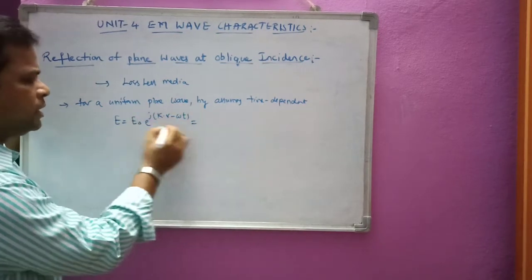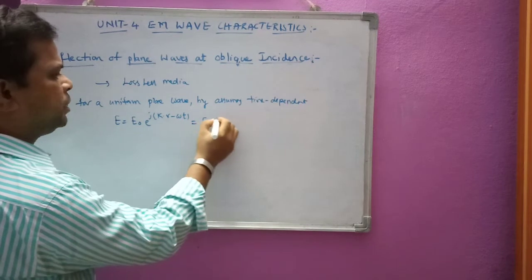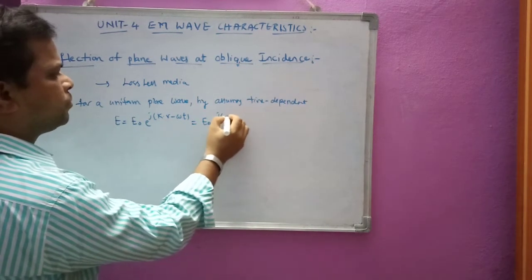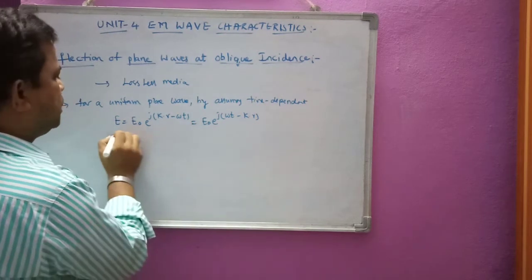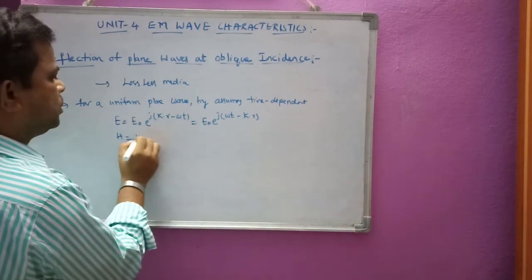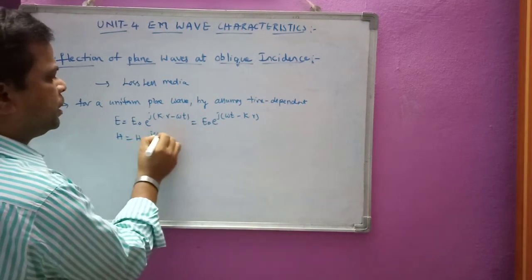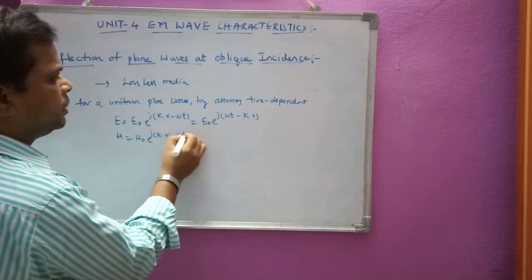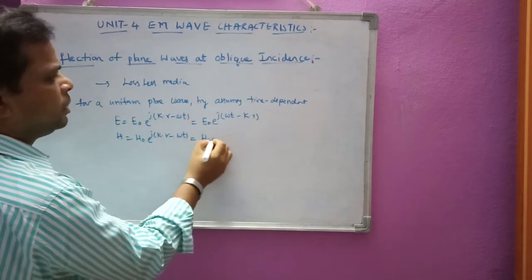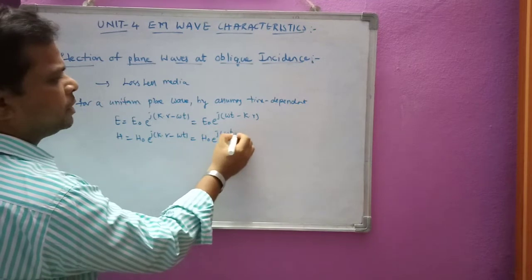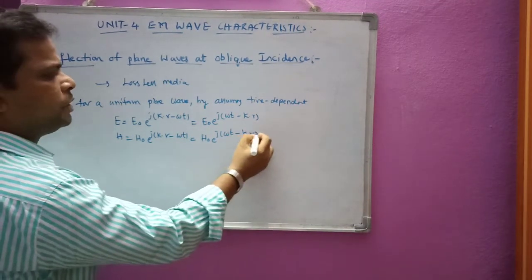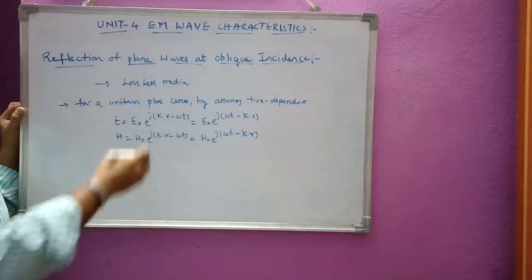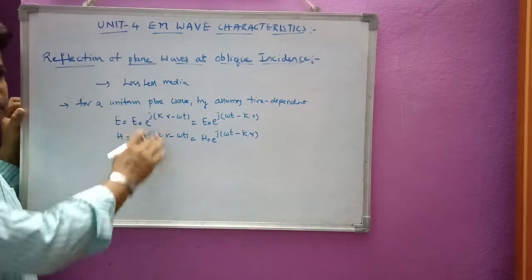We can also take this equation in terms of E naught into e power j into omega t minus k dot r, and H is equal to H naught into e power j omega t minus k dot r. Either of these two equations, if we take, we will get the same results for the following equations.